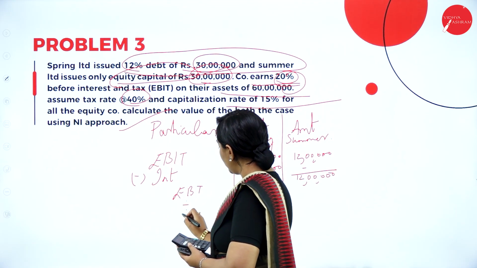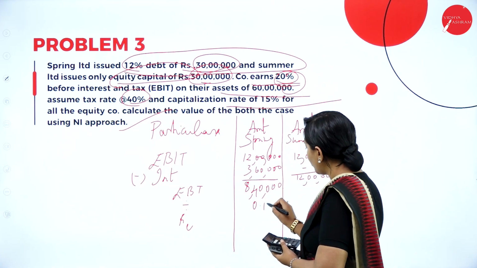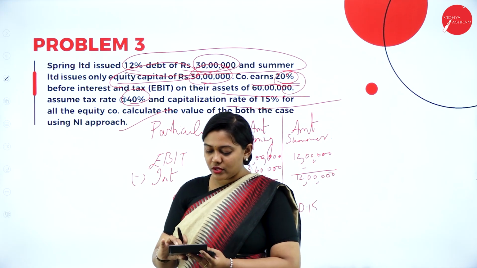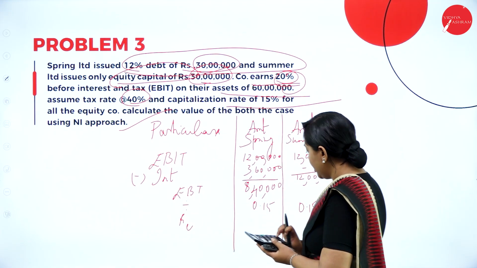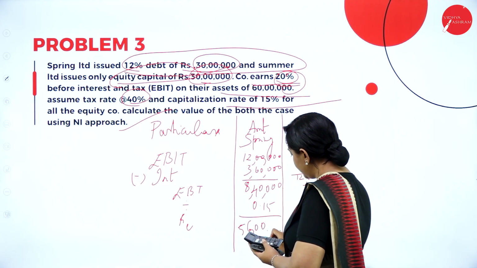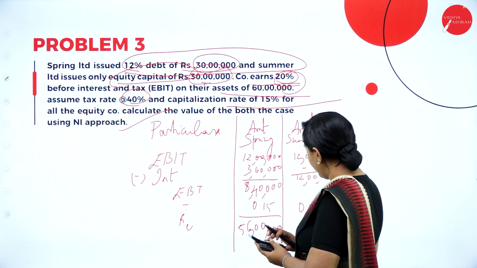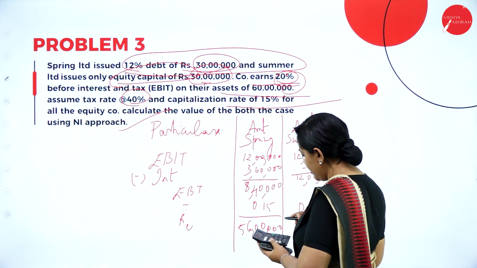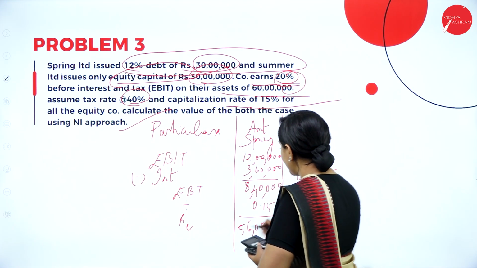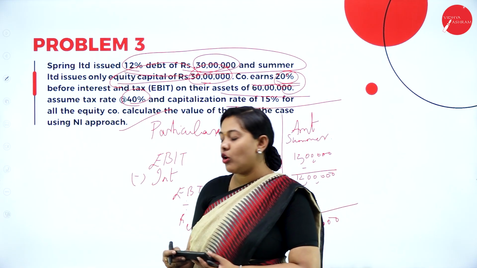With this, we need to divide by the equity capitalization rate, that is 15%, 0.15. 8,40,000 divided by 0.15, it is 56 lakh, and 12 lakh divided by 0.15, it is 80 lakh. So what is this? Market value of equity. To this we have to add market value of debt.